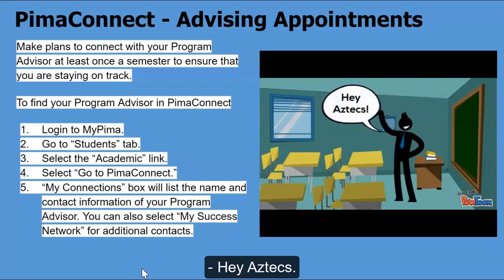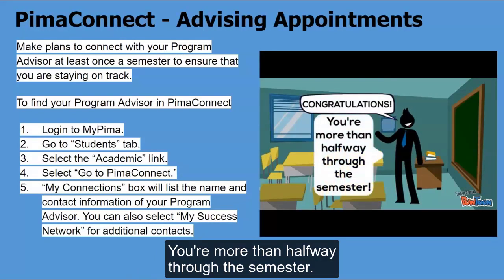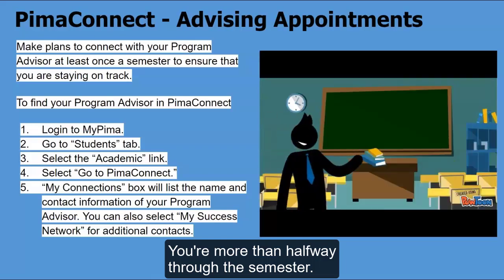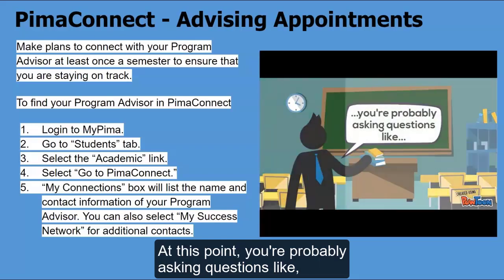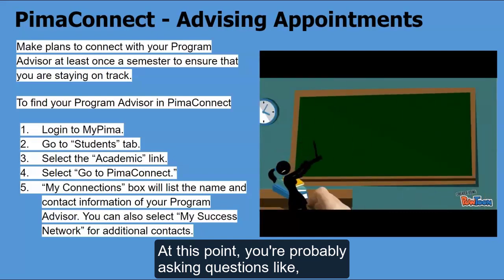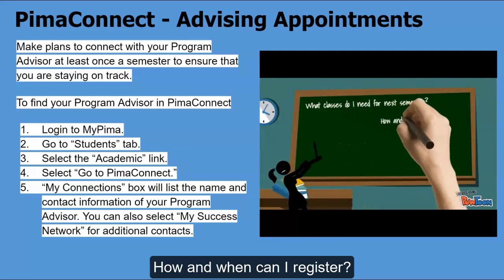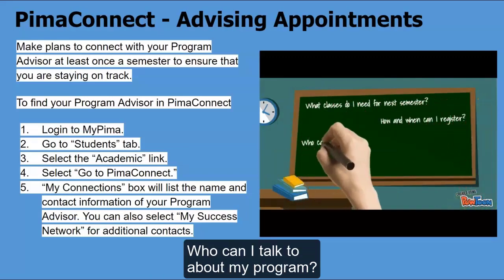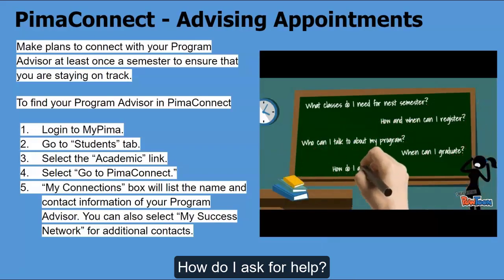Hey Aztecs! Congratulations! You're more than halfway through the semester. At this point, you're probably asking questions like, what classes do I need for next semester? How and when can I register? Who can I talk to about my program? When can I graduate? How do I ask for help?